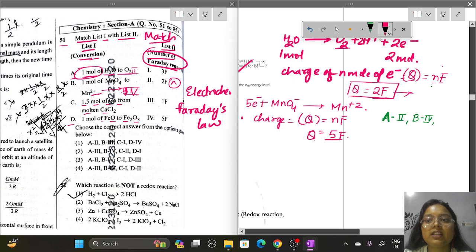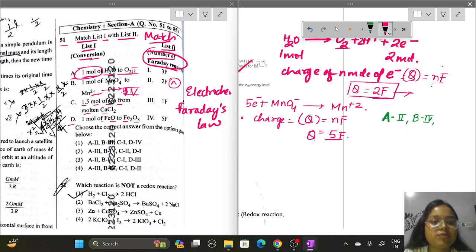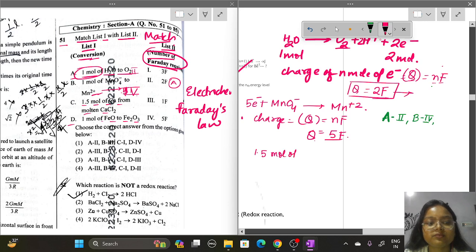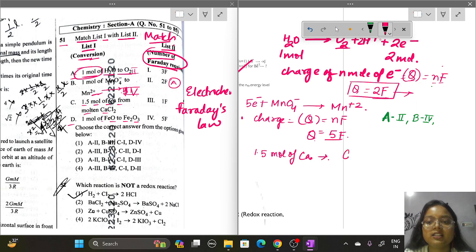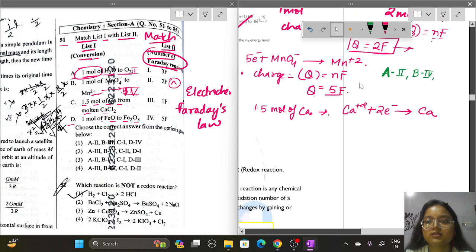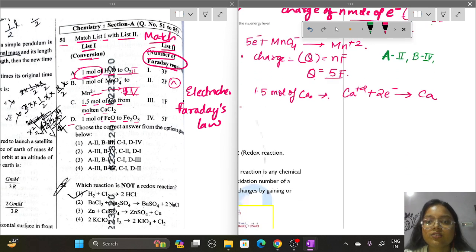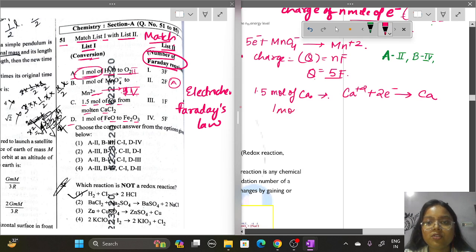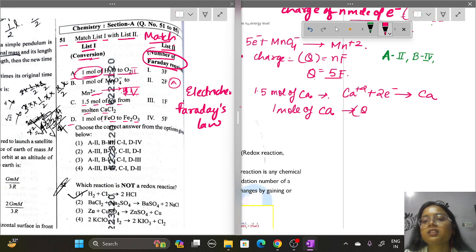Let's find out for C. For C, 1.5 mole of Ca from molten CaCl2. What will be the reaction here? Ca plus plus 2 electrons will give us Ca. So 1 mole of Ca will require how many Faradays?